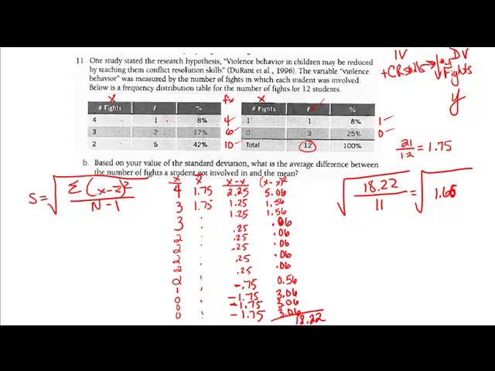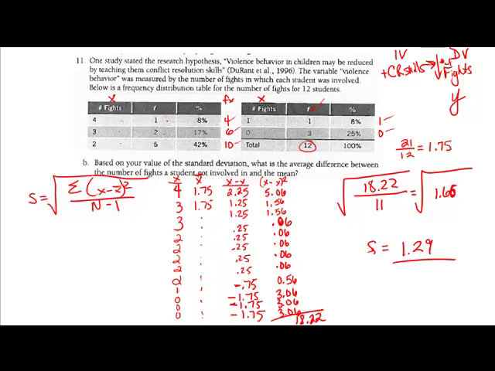Now I'm going to clear my calculator and I'm going to do the square root of 1.66. And so s equals 1.29. Let's call it that. Alright, going to check in the book. s equals 1.29. All of that mess for one very simple number.